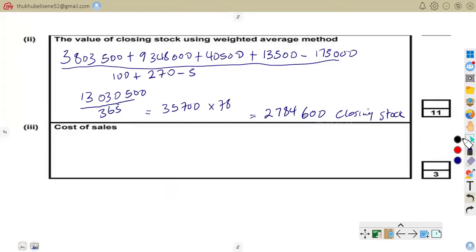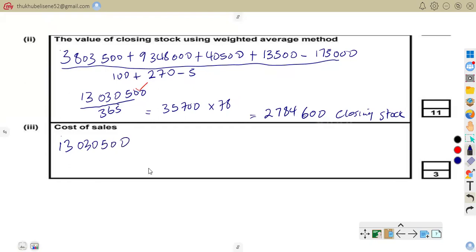Like I've said, we already know our cost of sales available for sale, which is 13,030,500, because these are the amounts that we have added, subtracting the returns.